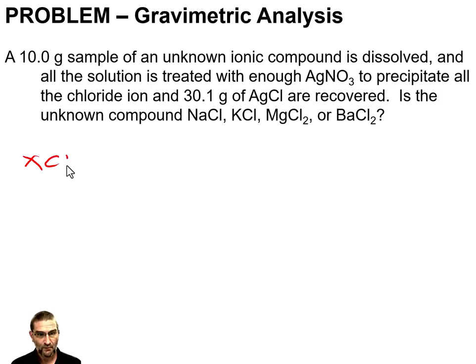So XCl plus AgNO3. My handwriting's a little bit bad today. The stylus isn't quite playing nice, but I think it'll be all right. And we're going to make some unknown thing, XNO3, plus AgCl, solid.